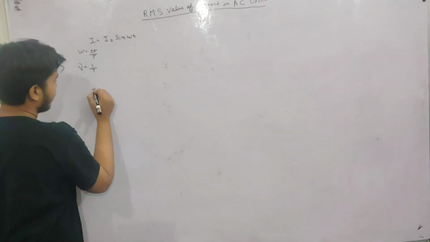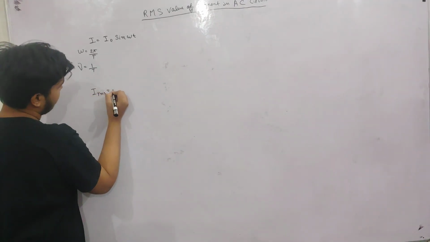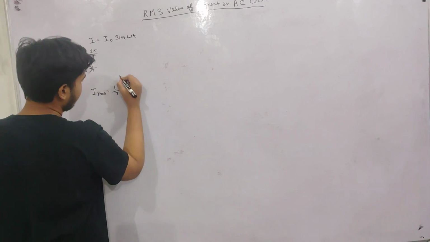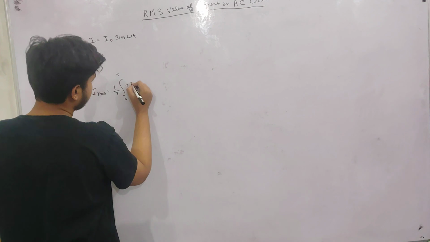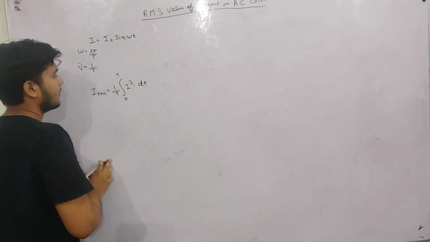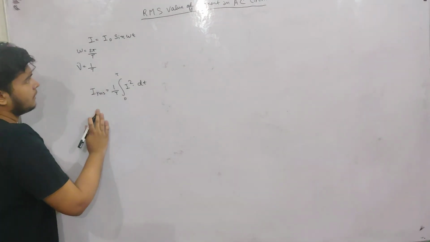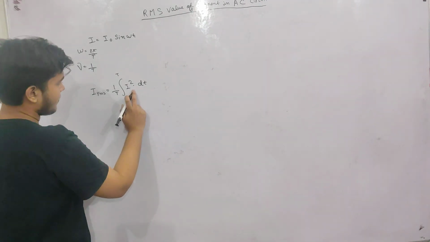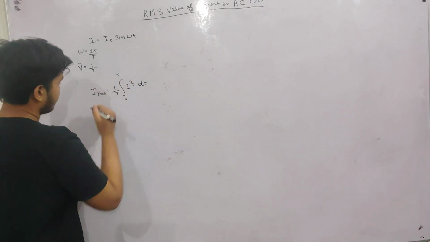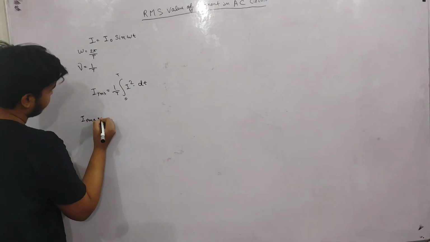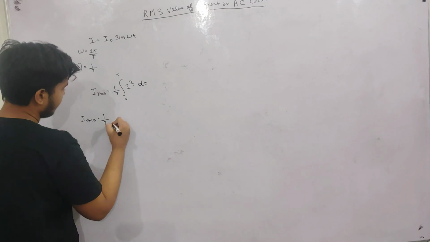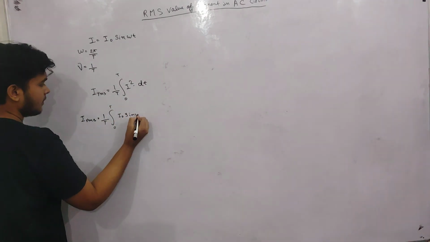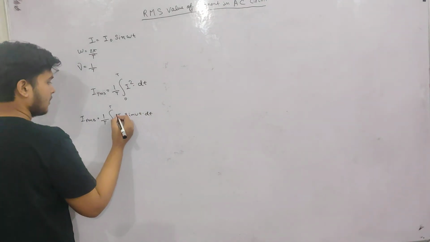We can write I RMS equals root of 1 by T integral from 0 to T of I square dt. This is the integration for RMS value of current in AC circuit. Value of I square is given by 1 by T integral from 0 to T of I naught sin omega t dt whole square.